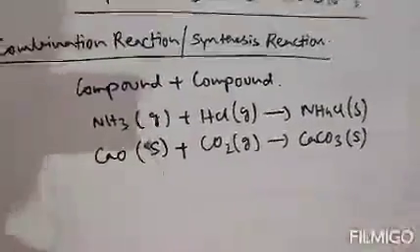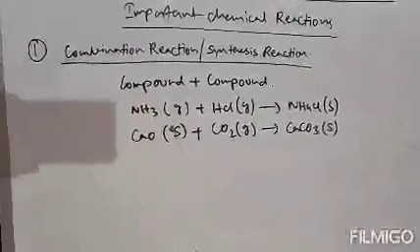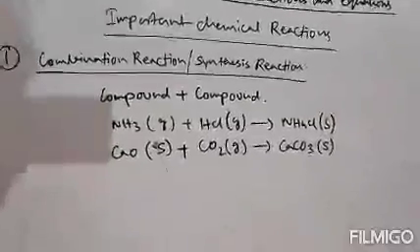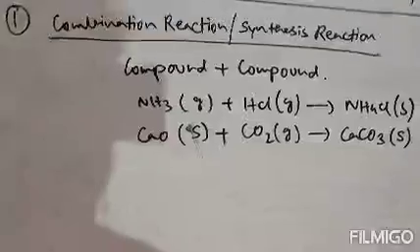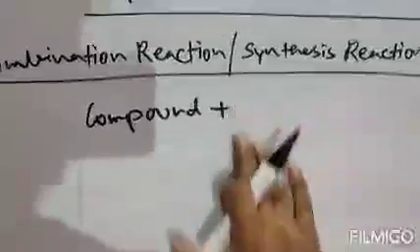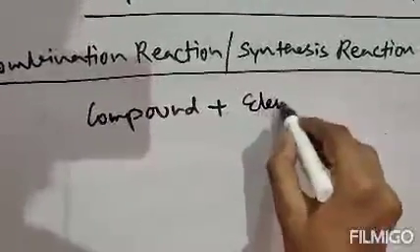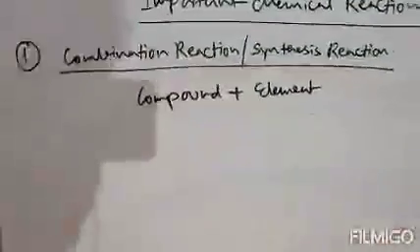Therefore this is the second category where a compound combines with another compound to form a single product or a single substance. Clear? The next category is when a compound combines with an element. Clear?